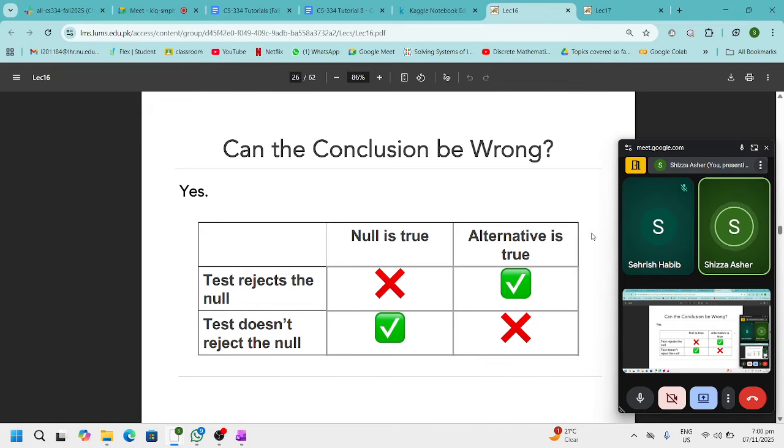Either the null is true or the alternative is true. If your test rejects the null, even though the null was true, that is a type 1 error. If your test does not reject the null, even though the alternative was true, that is a type 2 error. You should be able to differentiate between the two.